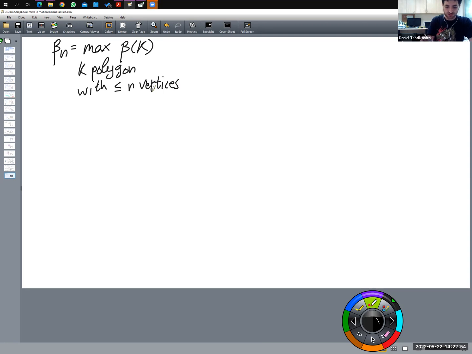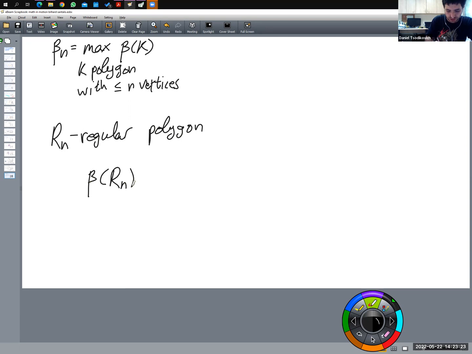And so when we want to find these beta n, one guess would be to try the regular polygons, and then one can compute everything. So for regular polygon, Rn is a regular polygon. So one can compute beta Rn, and the answer is that it's 12 when n is 3.